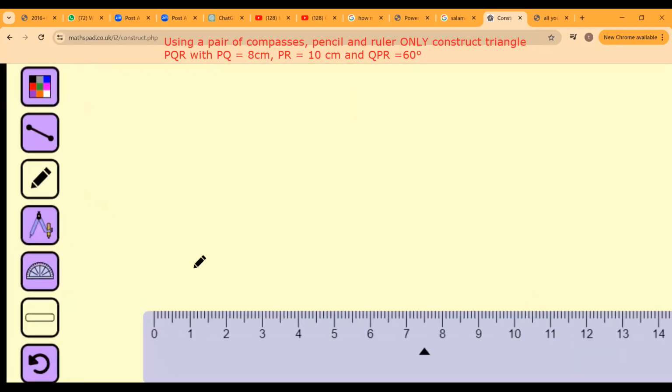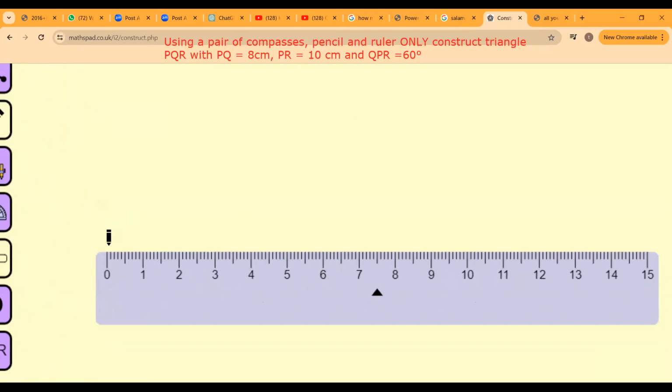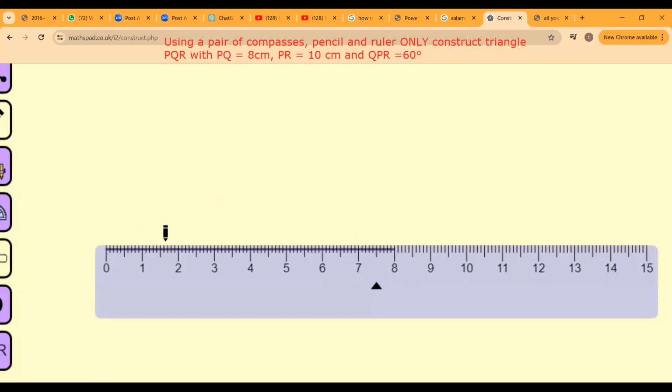This has to be 8 centimeters. If you're doing 8 centimeters, you have to start at 0 and end at 8 centimeters. So we're going to go from 0 to 8 centimeters like this, all the way to 8 centimeters, right there. If we were to measure this, it's exactly 8 centimeters.